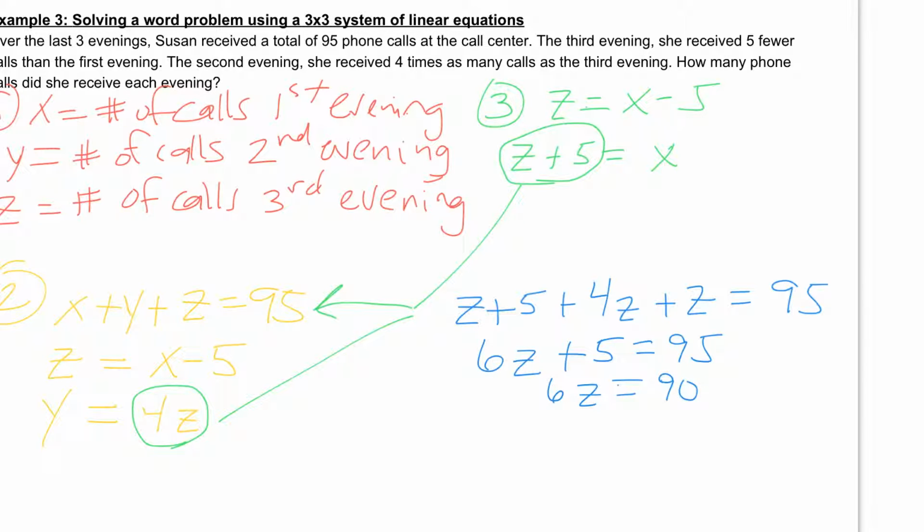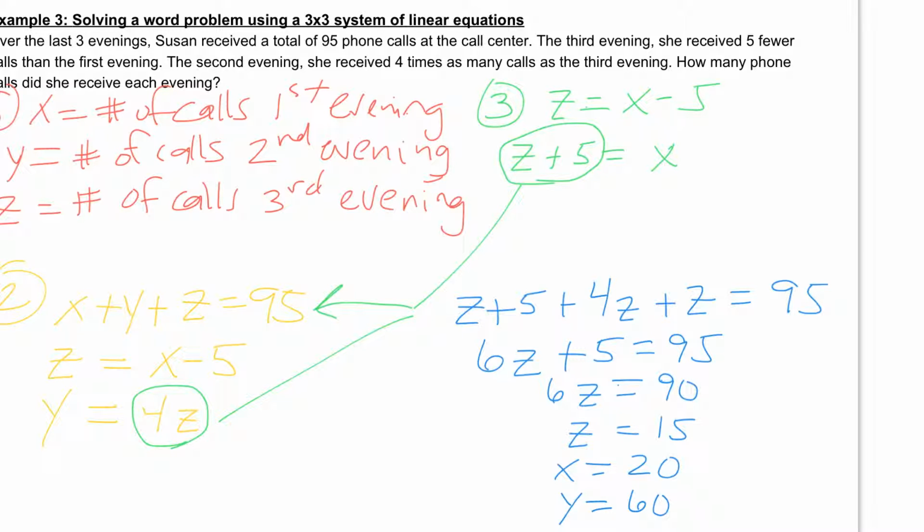And if I divide both sides by 6, I get z equal to 15. And if z is equal to 15, and x is just z plus 5, I know that x is equal to 20. And if z is 15 and y is 4 times z, then y is going to be 4 times 15, which is 60.